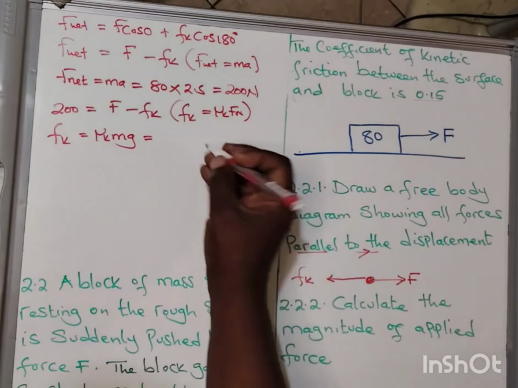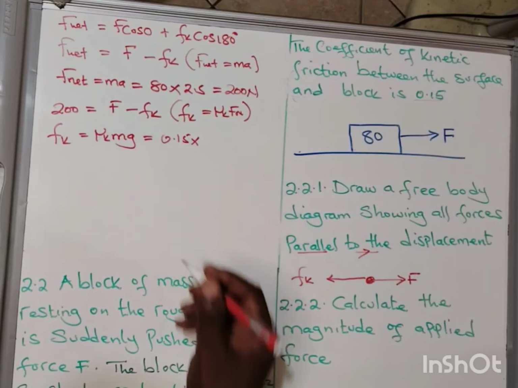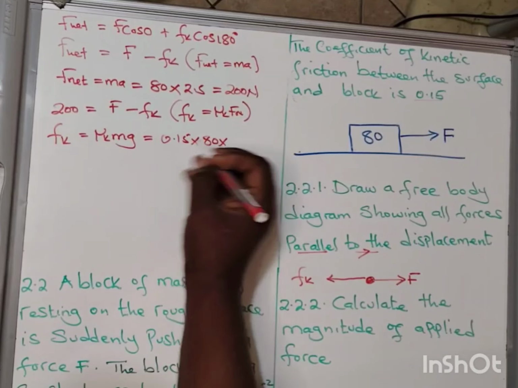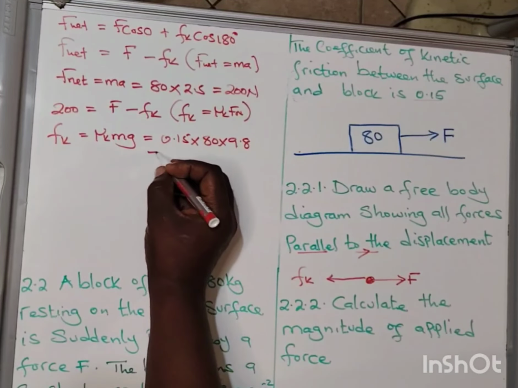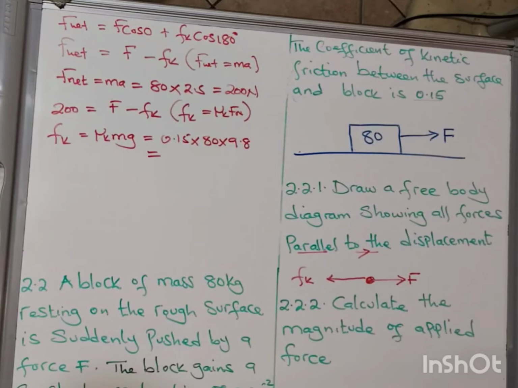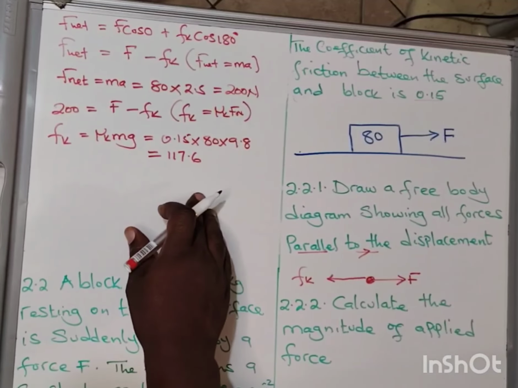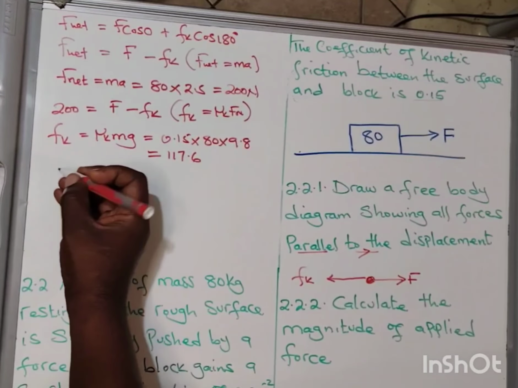Our mu is 0.15, our mass is 80, and comes our g. What do we get out of this one? Let's see what we get. So there we are, we have our Fk.